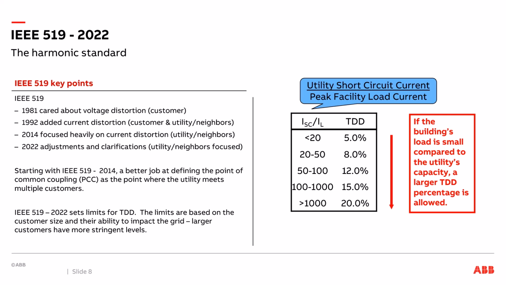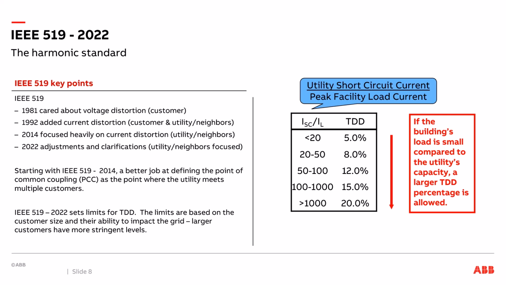If you're a tiny customer, it's going to be a much larger ratio. Big customers have more stringent levels for what amount of harmonics they're allowed to put back onto the grid. Smaller customers, you can get away with a little bit more. And the reason is, as a small customer, you can't really impact the grid that much. But if you're a large customer, yes, that's when you can really impact the grid.